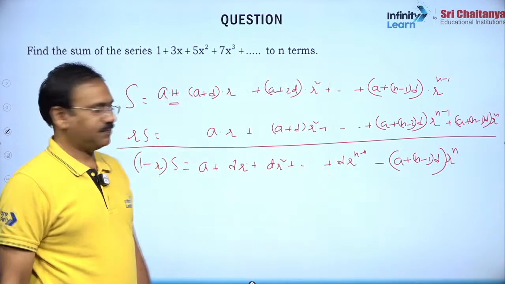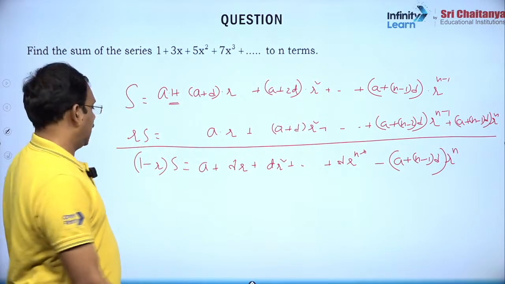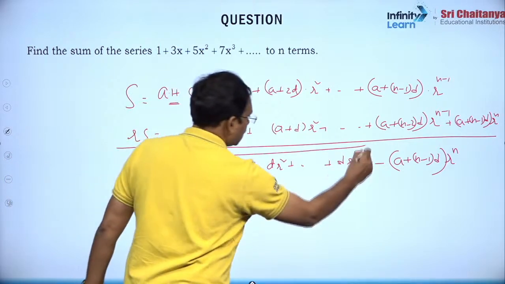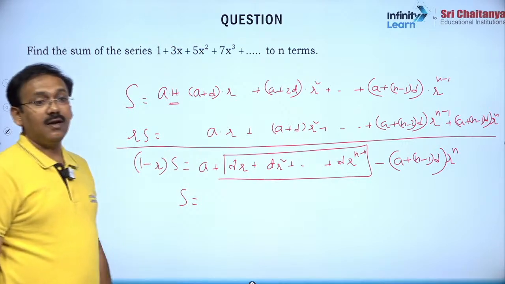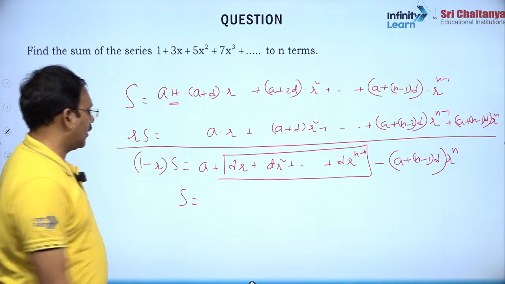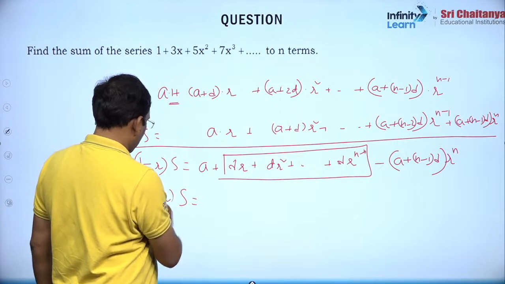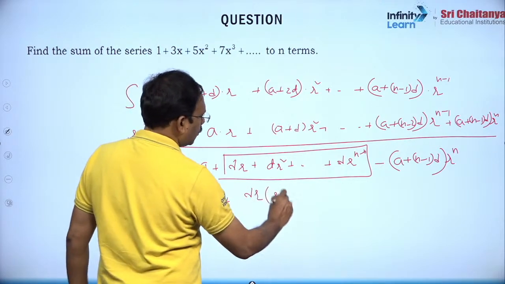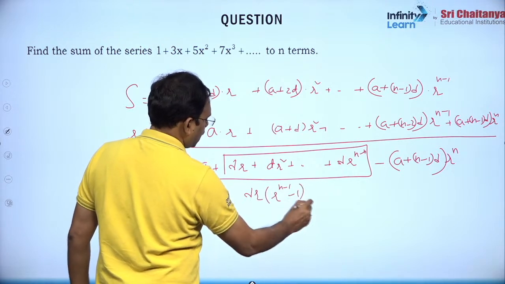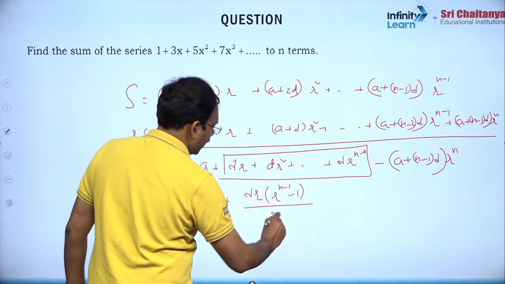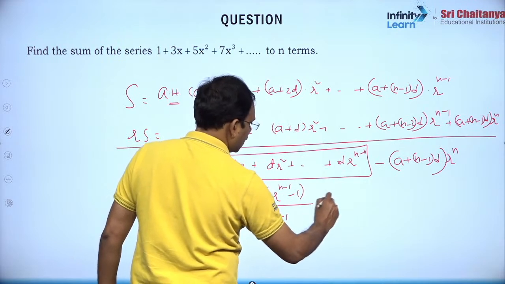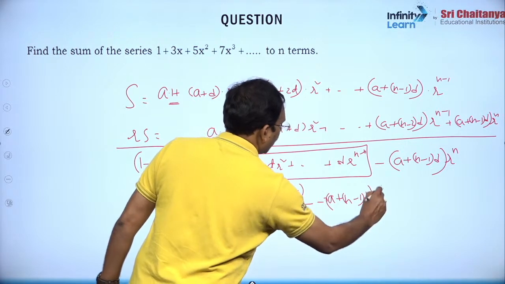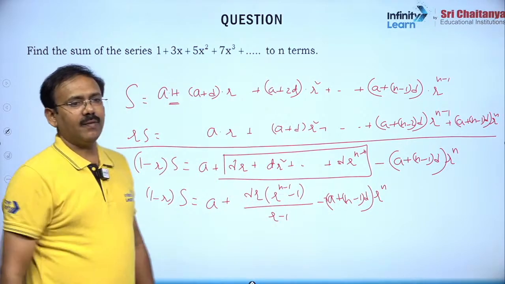Moreover, this part is a GP with first term dr and common ratio r. So you can write (1 minus r) into S is a plus dr into (r to the power of n minus 1 minus 1) by (r minus 1), minus (a plus (n minus 1) d) into r power n. Now you just divide with 1 minus r.